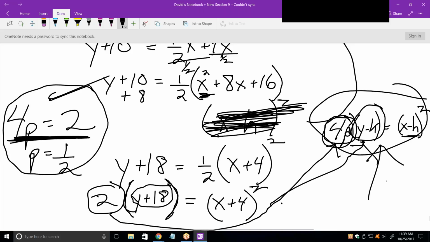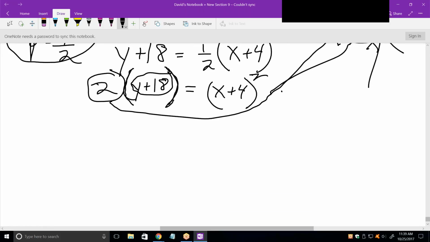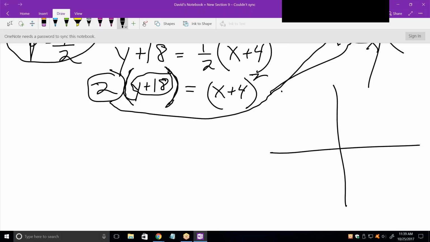When you're talking, have you had the horizontal parabolas yet? I don't think so. If you're studying conic sections, you probably have. In other words, back in Algebra 2, all parabolas either pointed up or pointed down.